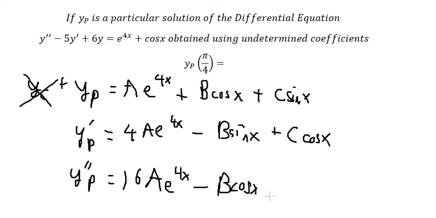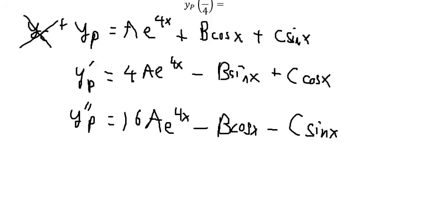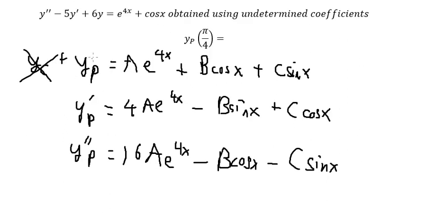First derivative of cosine x, we have negative sine x. Now we can put YB here, the first derivative of the function here, and the second derivative of the function here.